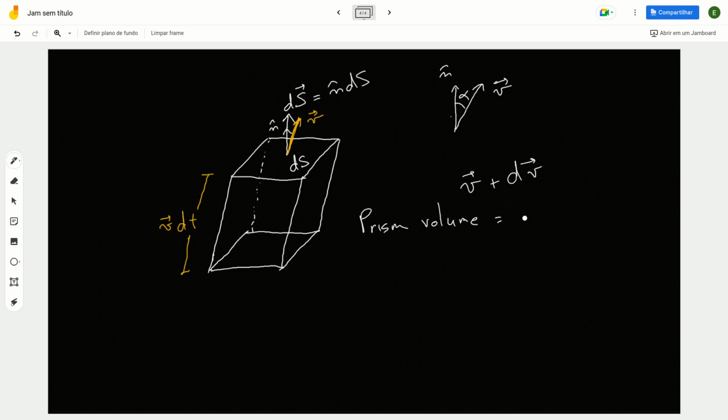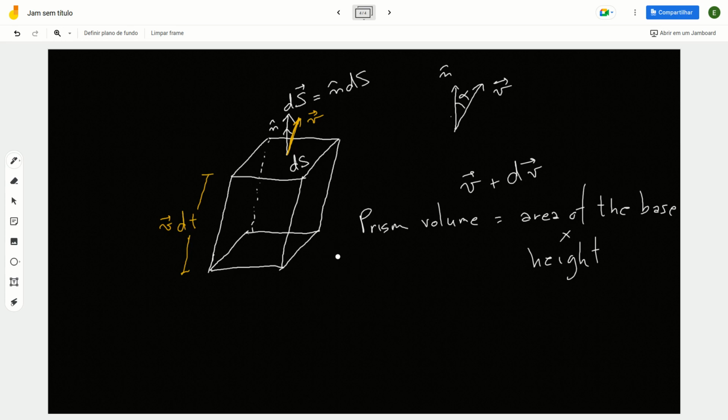The volume of the prism is just the area of the base times height, right? Area of the base is ds. What is the height? Well, the height is just v dt projected on the normal, right?